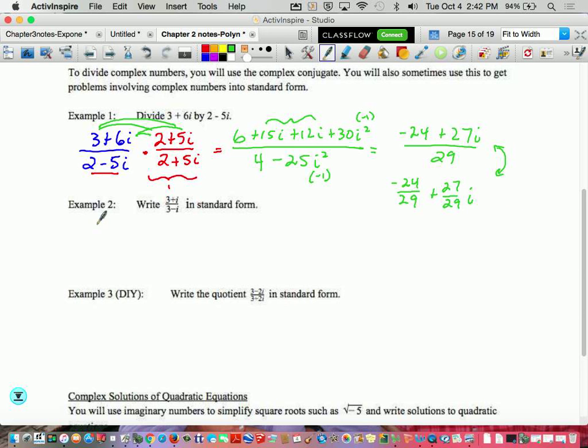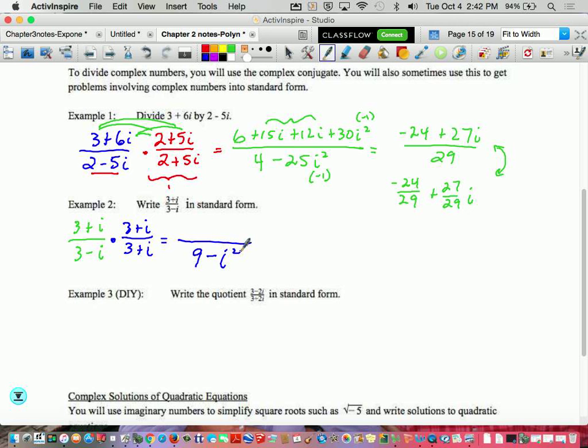So the bottom one here, or example number 2, we would do 3 plus i over 3 minus i. So the denominator's conjugate is 3 plus i over 3 plus i. So again, the bottom turns out to be 9 minus i squared. Only the first and the last.